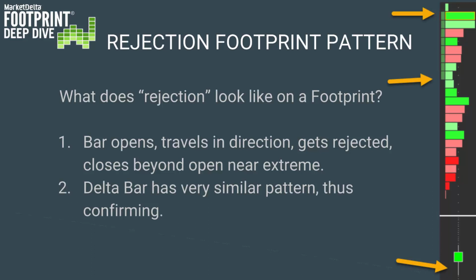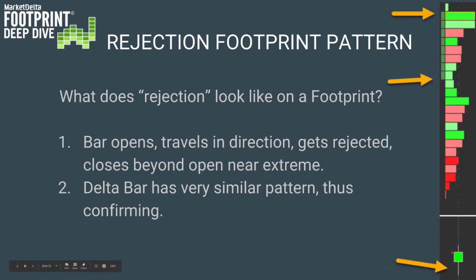They never are. And so the main idea here is to understand what we're seeing. Now this is called the footprint profile, so I don't have any actual numbers or values, but it does show us the volume. And in this case, we can see that as it traded lower, the volume kind of dried up. That's at least what I would extract from this. The other thing here is the delta bar.